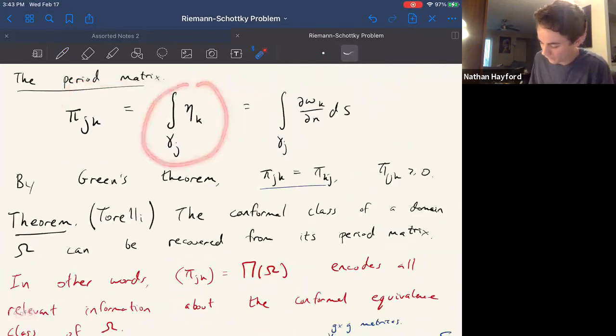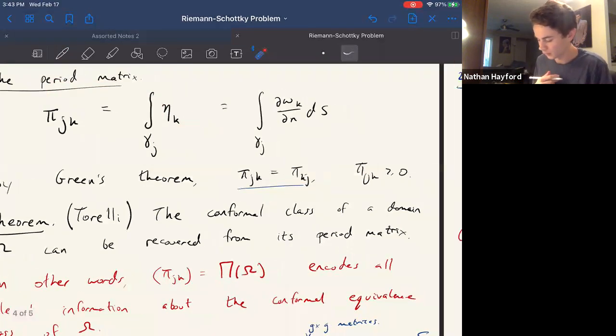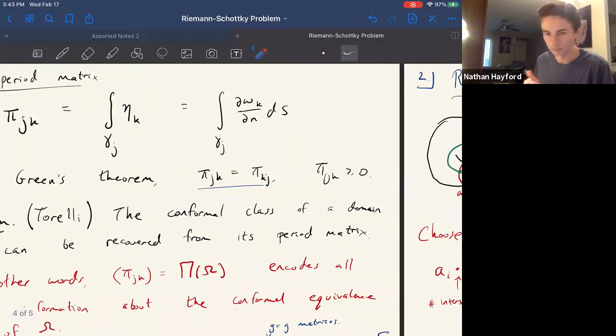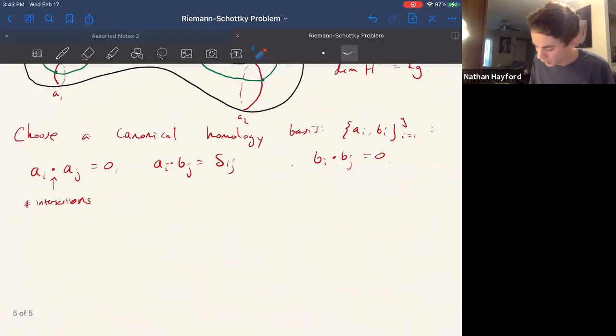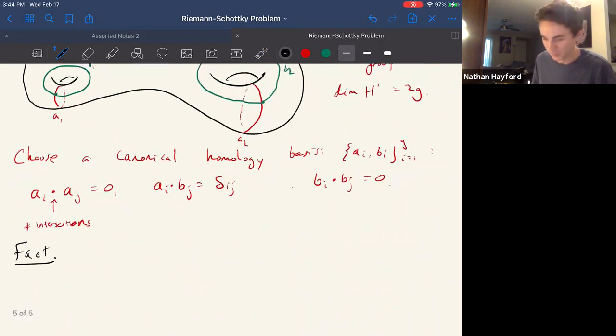We need an analogy for these things, in particular, called the holomorphic differentials. So I'll state it as fact, and it's actually a good exercise to prove if you've never done it before, and you know at least a little bit about Riemann surfaces. If you don't, then maybe don't attempt.